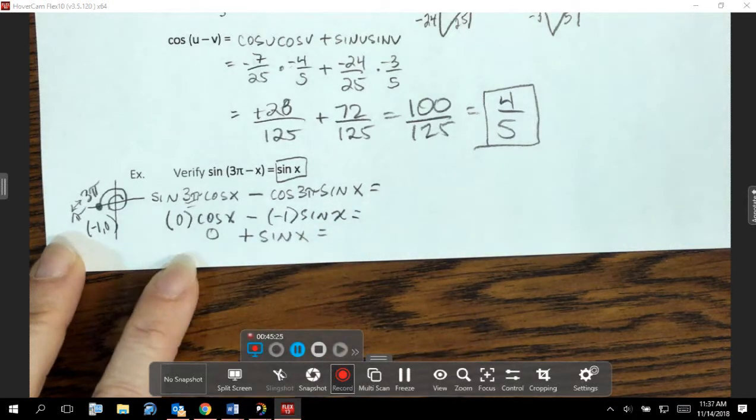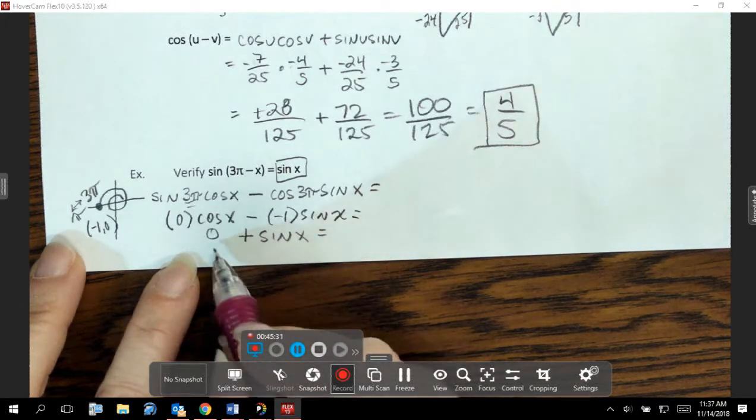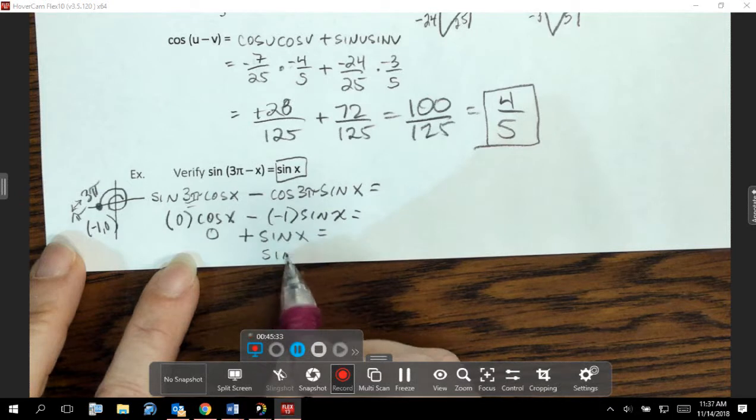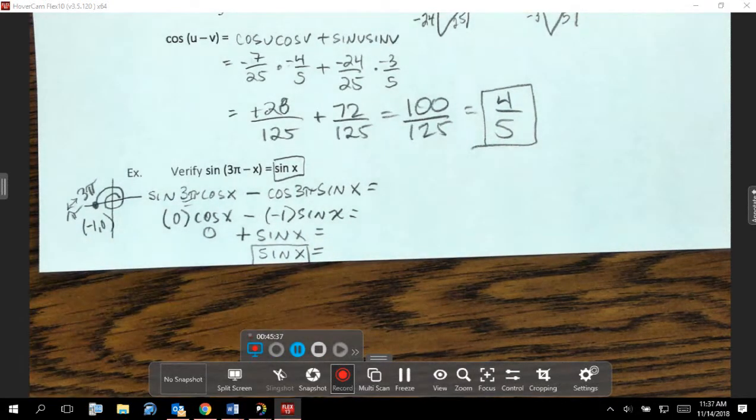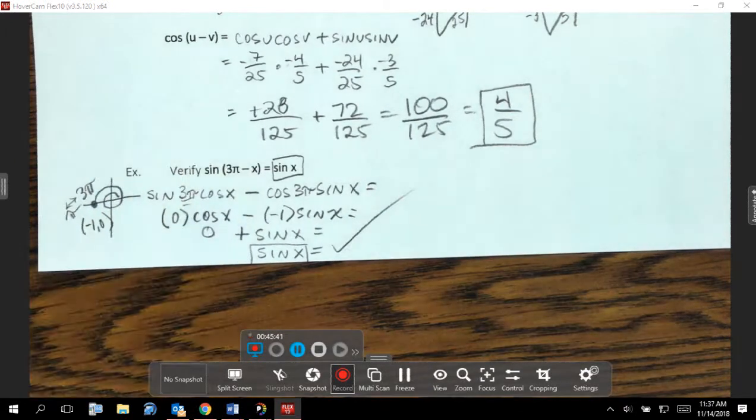Do I do another step? Yes, you show me, oh, 0 plus sine x is sine x. I know that's true. I know you know that's true. Show it. And then, yay, we verified it. We're done with that.